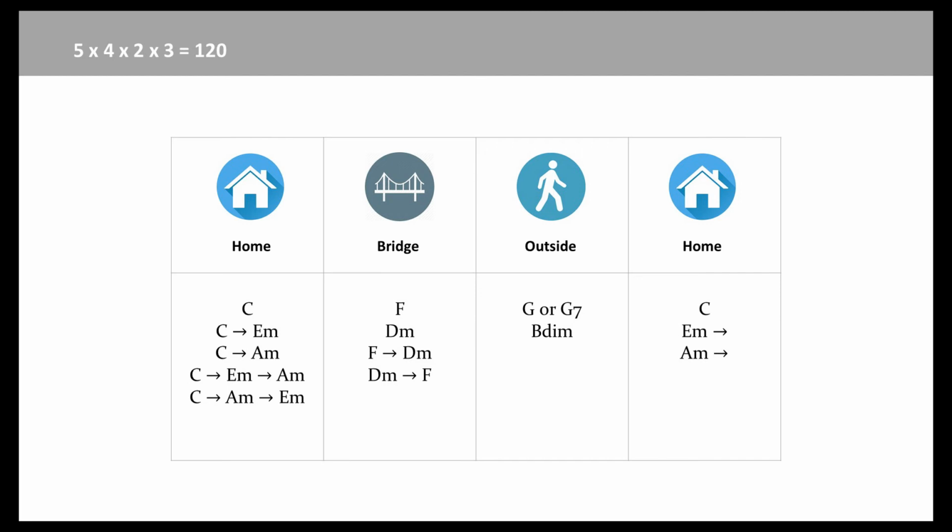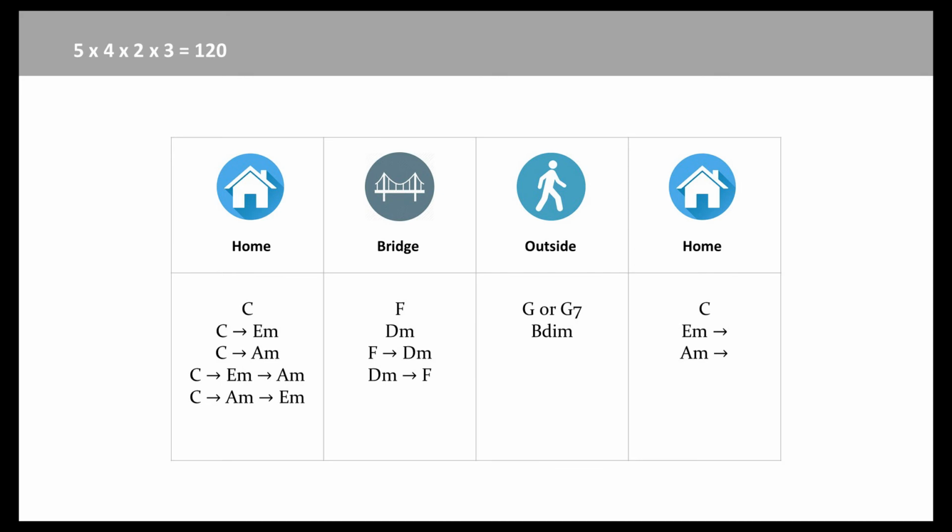When A minor and E minor are used as extensions of home, they can also be connected to each other. For example, we can connect C to E minor to A minor. The 2 bridges can also be connected to each other, so we then fill in F to D minor or D minor to F.